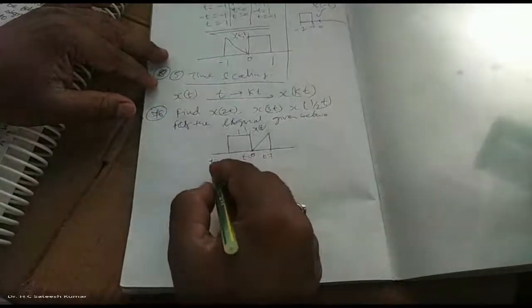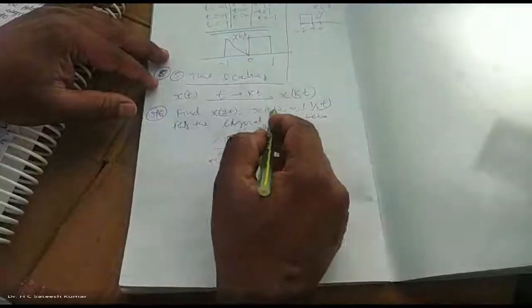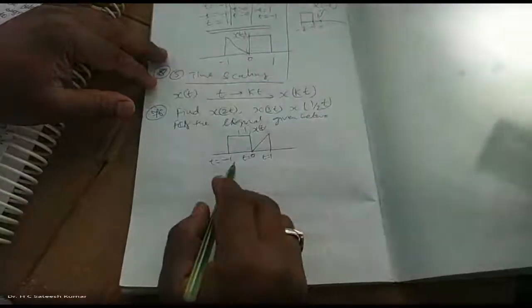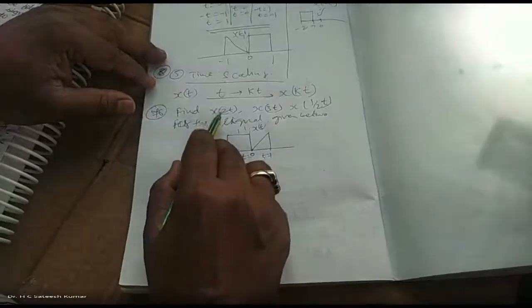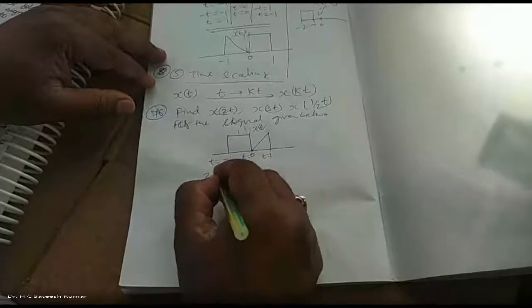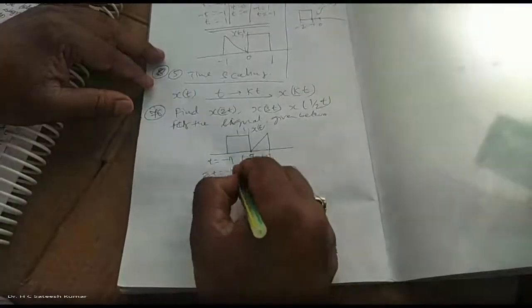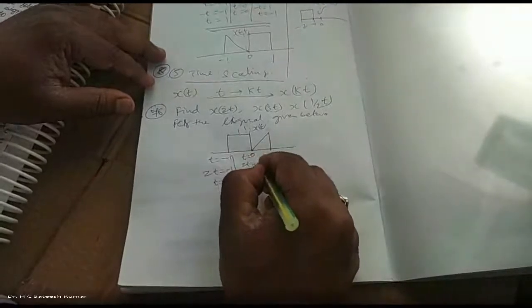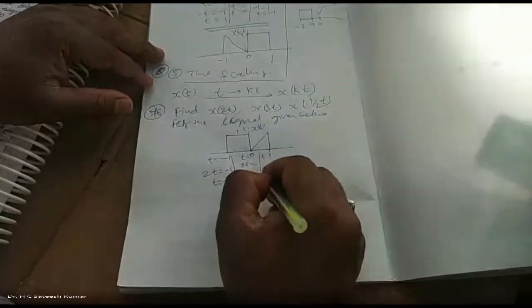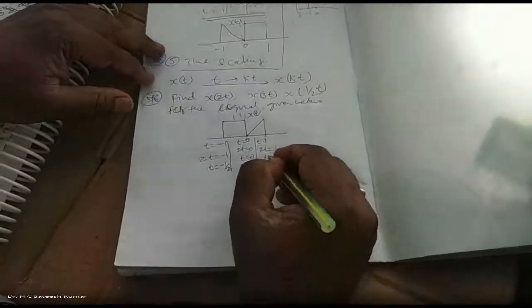Replace t by 2t. So the scaled version is nothing but what? k is the scaling factor: 2, 3, half are the scaling factors. So what will happen? 2t is equal to minus 1, therefore t is equal to minus half. 2t is equal to 0, therefore t is equal to 0. And 2t is equal to 1, therefore t is equal to half. That's what you can understand.